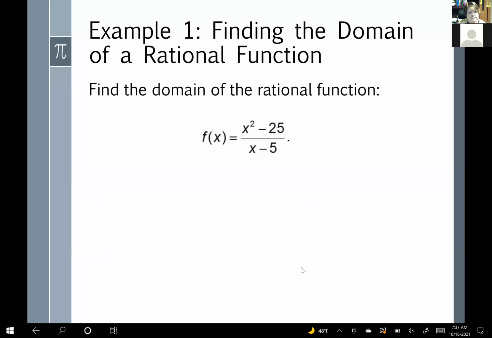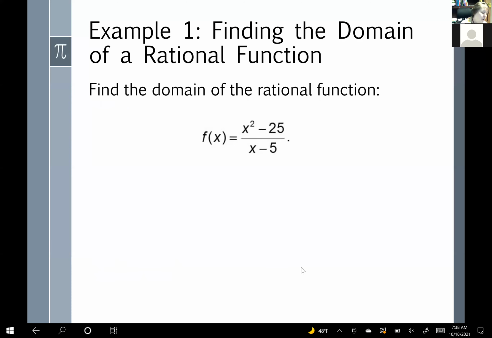For example, here is a rational function. It's a rational function because its numerator is a function and its denominator is a polynomial function specifically. Looking at this, I can immediately see that there is a value of x that I must restrict. x can't equal 5.